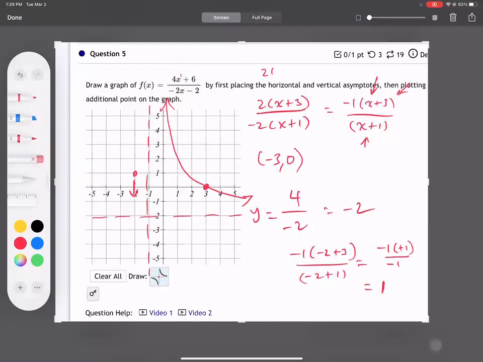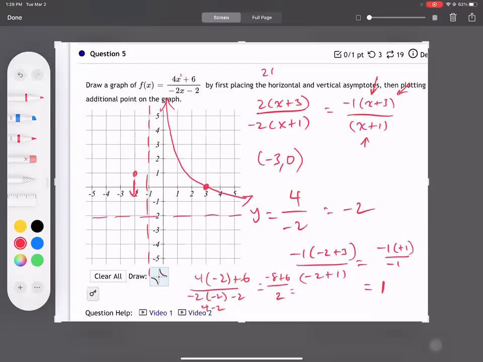If I plug in -2, right, 4 times -2 plus 6, and -2 times -2 minus 2 is -8 plus 6 over 4 minus 2 is 2.